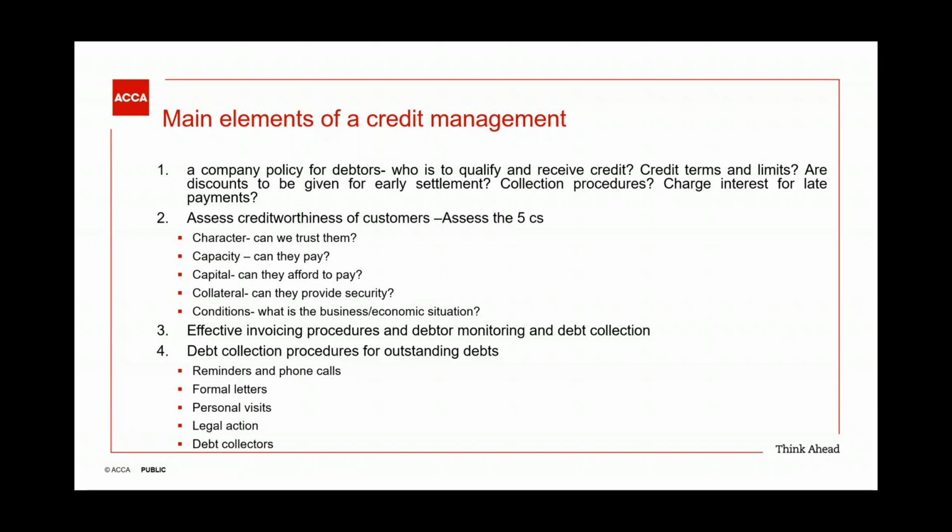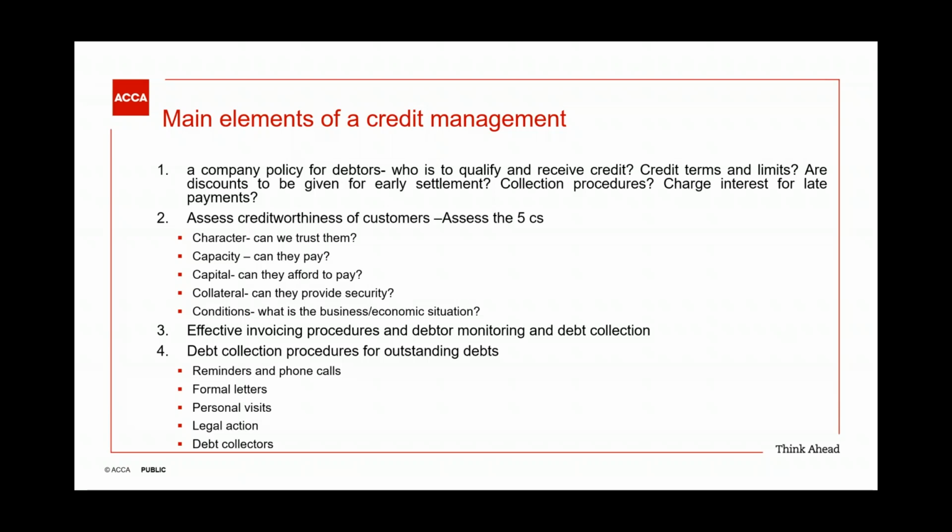That's why in practice we use techniques like Altman's Z-scores to determine whether companies do qualify for credit, based on balance sheet ratio figures. Then we need to also look at effective invoicing procedures, and also monitoring the debt.